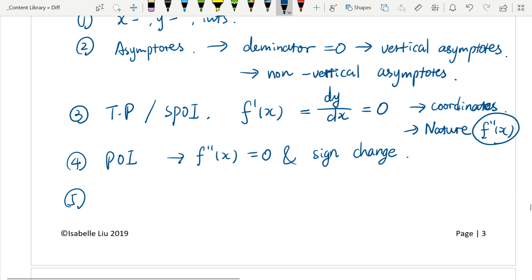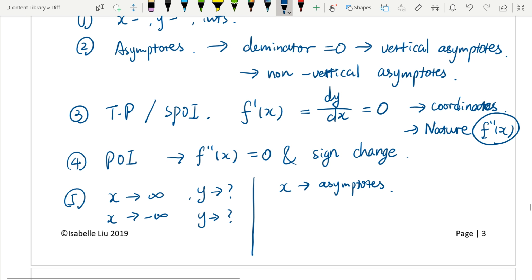We need to think about when x approaches infinity, if possible, or x approaches negative infinity, what y looks like. Sometimes we have asymptotes there and can't really go to infinity. But if possible, we think about the behavior for x going to positive and negative infinity, and also when x approaches the asymptotes.